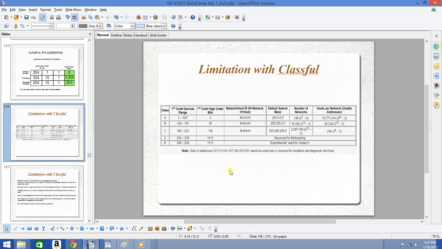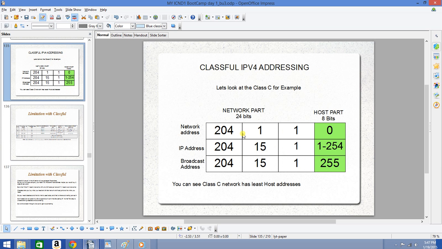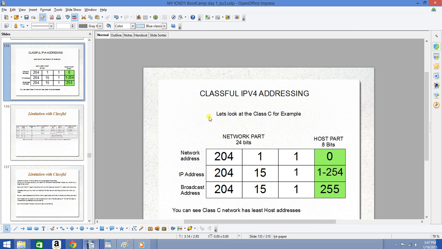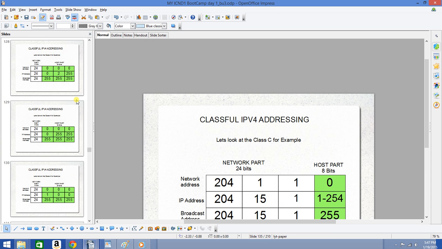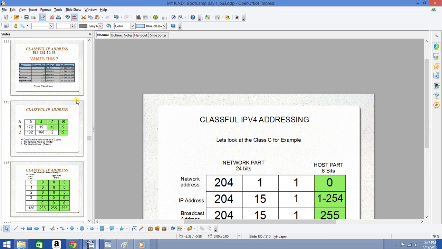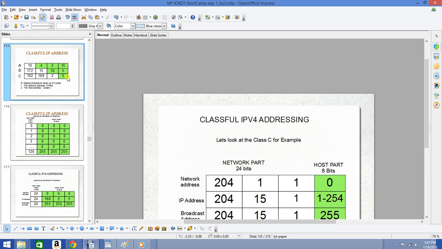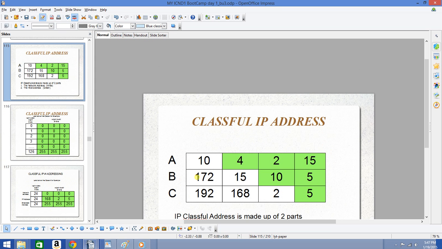The problem is that Classful networks are divided into these blocks. For Class A, you've got 8 bits for the network, right? For Class B, you've got 16 bits for the network, and for Class C, you've got 24 bits for the network, and you're stuck. That's it.